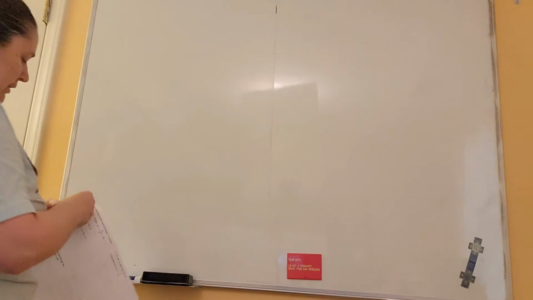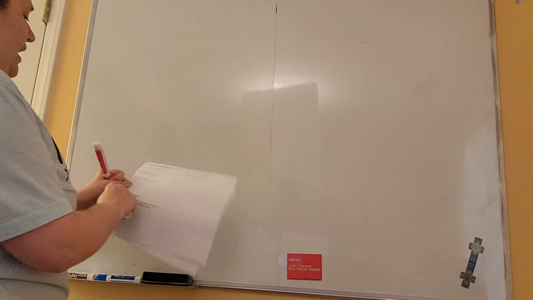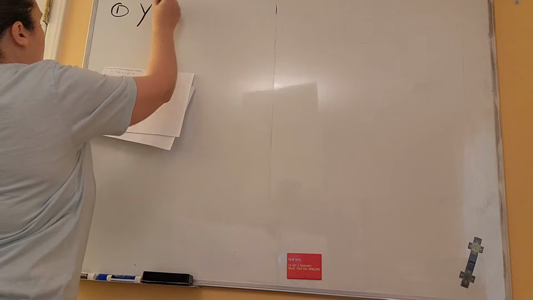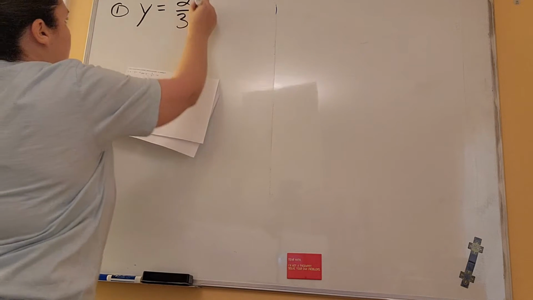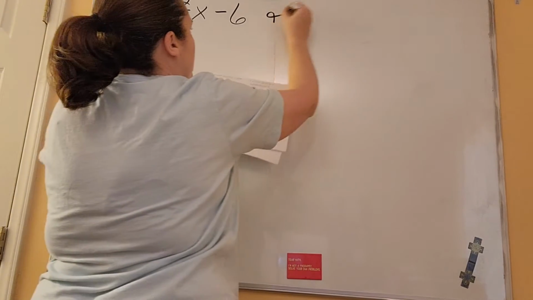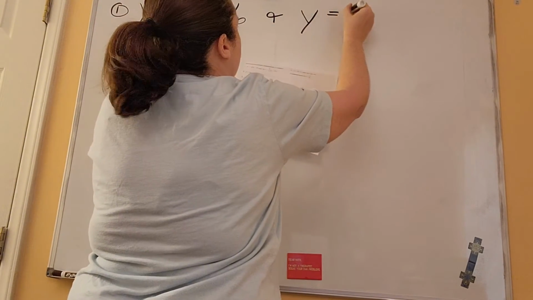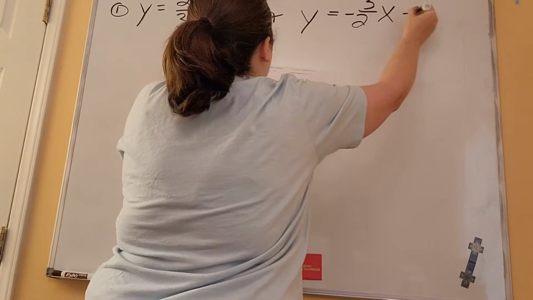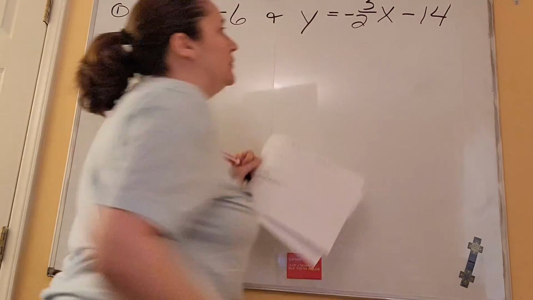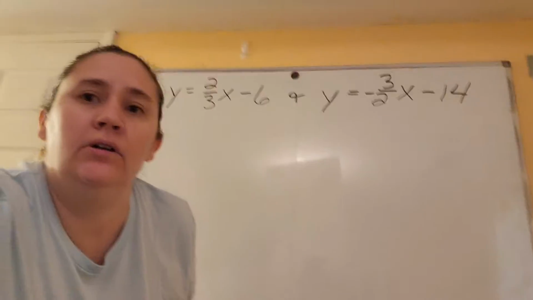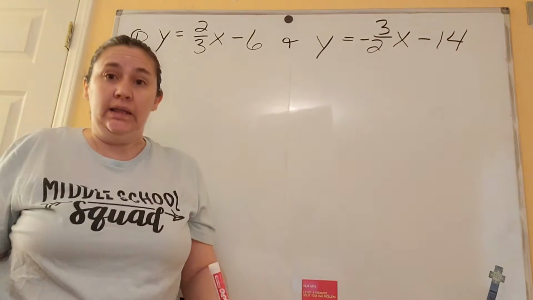Number 1 in my notes has these two lines: y equals 2/3 x minus 6 and y equals negative 3/2 x minus 14. The question says, are these lines perpendicular, parallel, or neither?